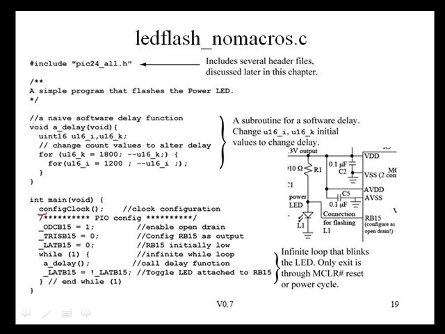Following the config_clock statement, there's an assignment to a special function register bit called ODCB15 that's going to configure this pin for a special configuration called open drain. Recall that in our coverage of the PIC24 startup schematic, we said that this particular connection of a parallel port to an LED is not a typical connection to drive an LED.